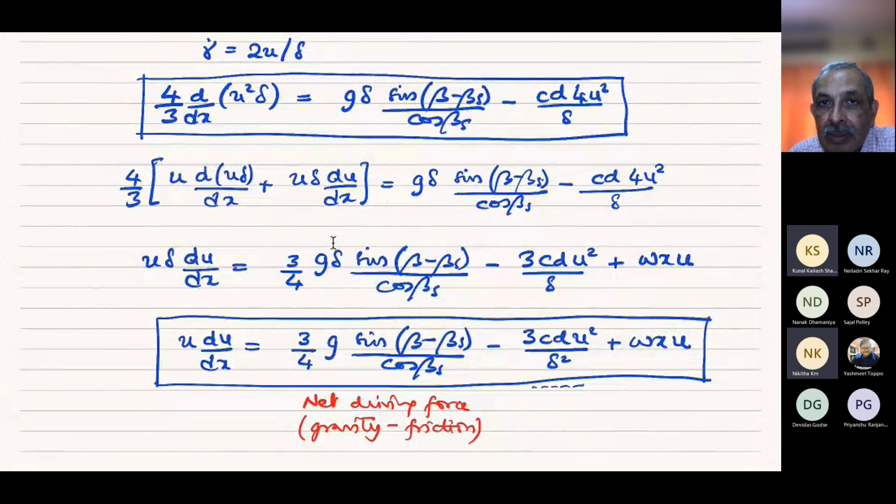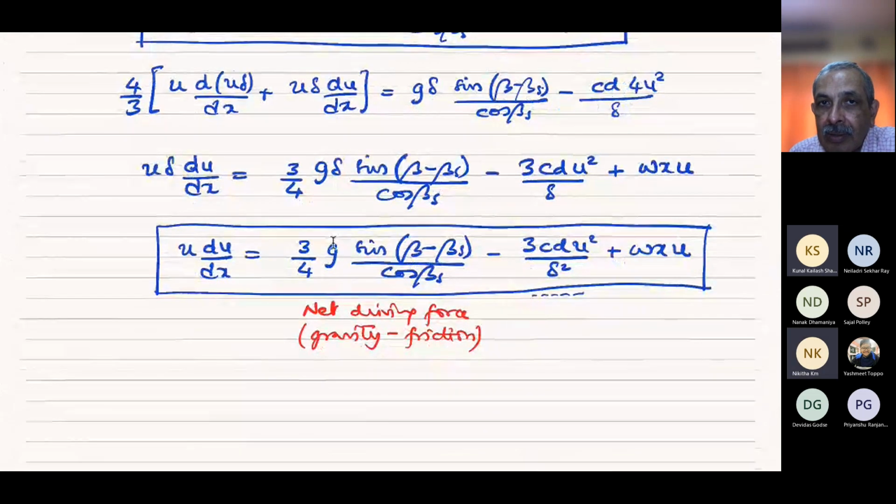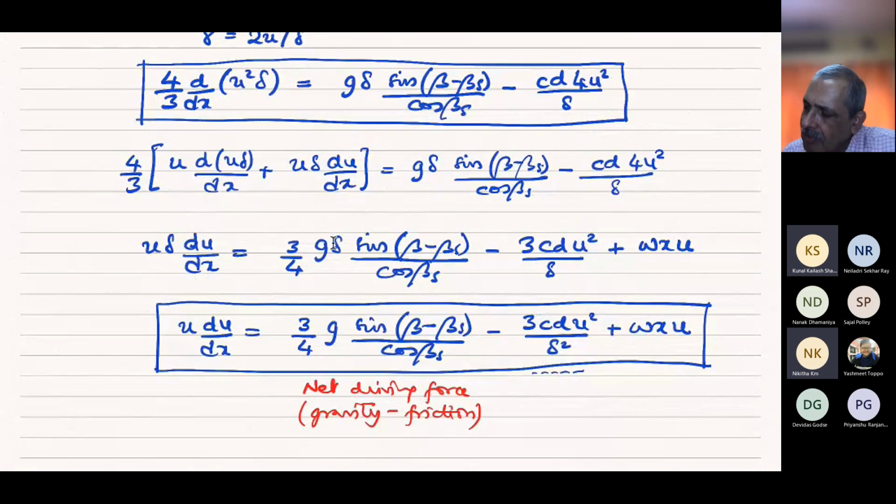The last term is omega x u by delta. But why delta? No, wait. I did a lot of this. Basically, it is this term that I'm taking care of.